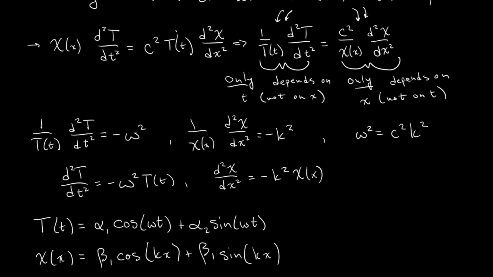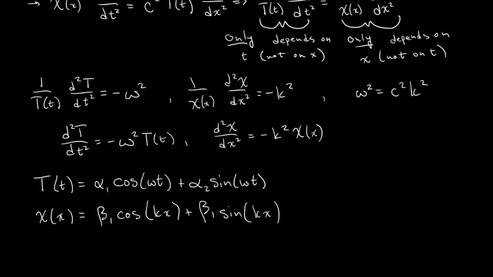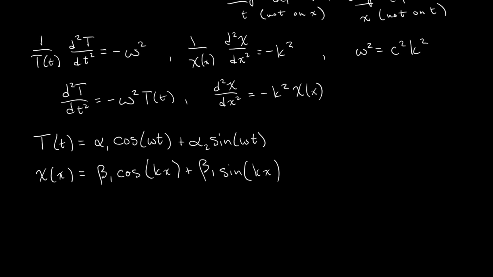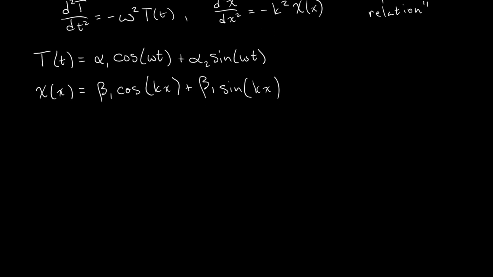Now remember, this isn't my final solution, because my solution I know is the product of these two things, in which case I will use this, as we call it, the dispersion relation. And then I'll also use some trig identities. Again, I don't want to bore you guys with the exact math behind it. Hopefully you trust me, and if not, I would recommend doing it for the practice.